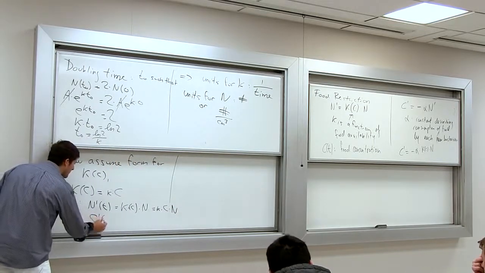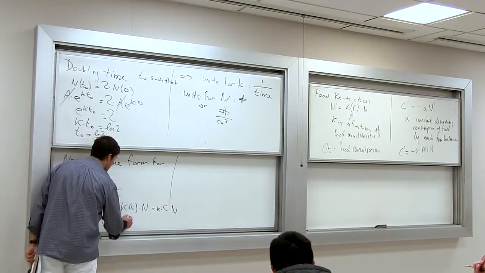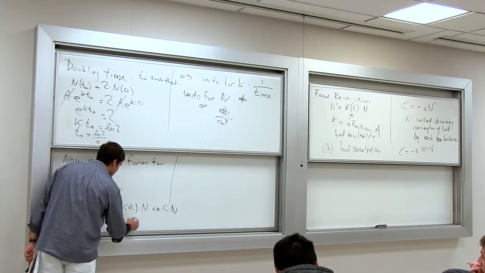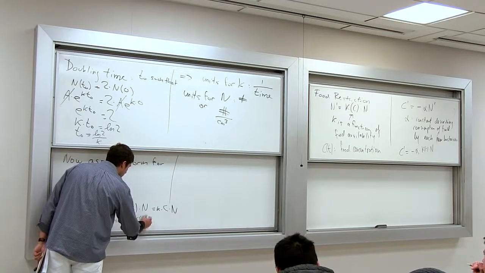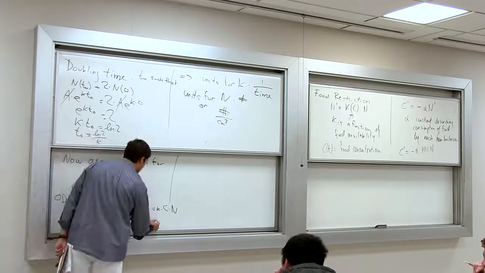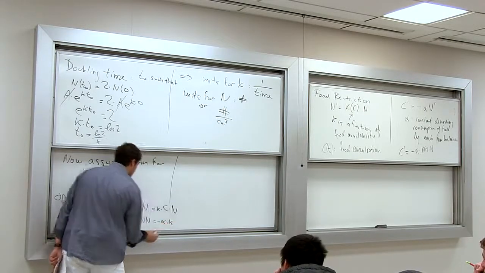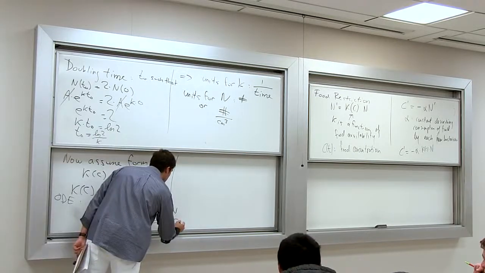And C prime of T is equal to minus alpha times K of C N, which is equal to minus alpha times kappa times C times N.